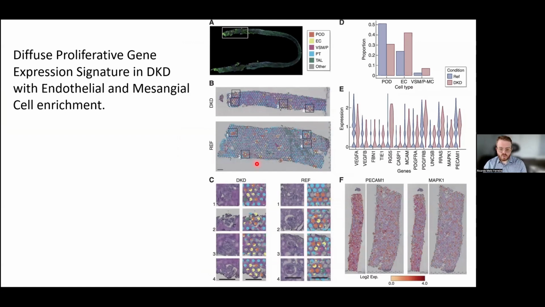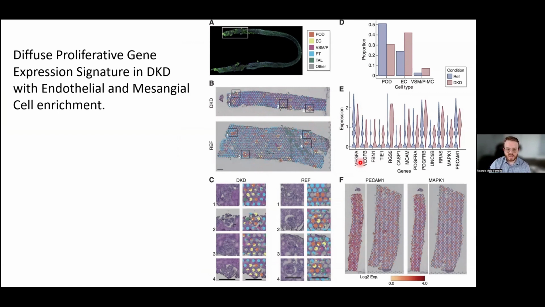And then we also did spatial transcriptomics on this particular sample, and we compared the same four glomeruli that were analyzed before with reference samples. We identified an increase in expression of multiple genes associated with neovascularization in this particular individual.